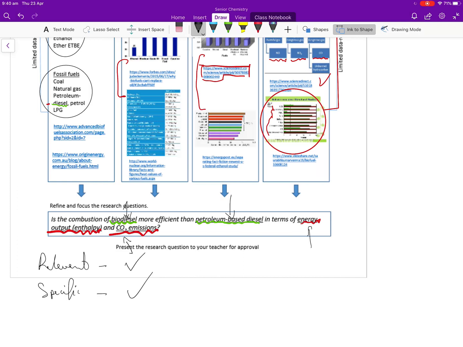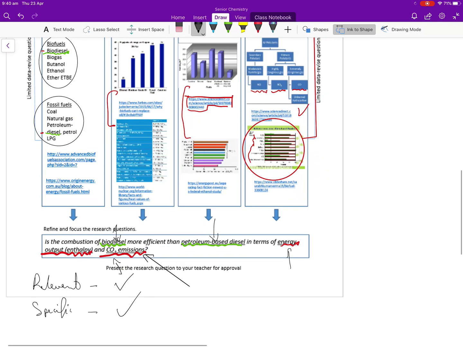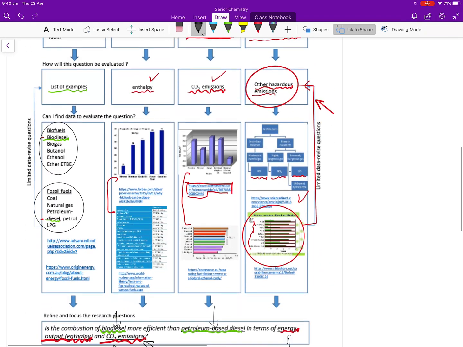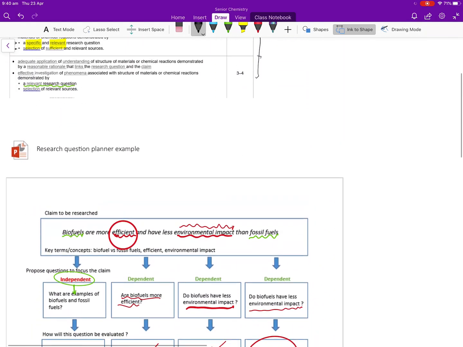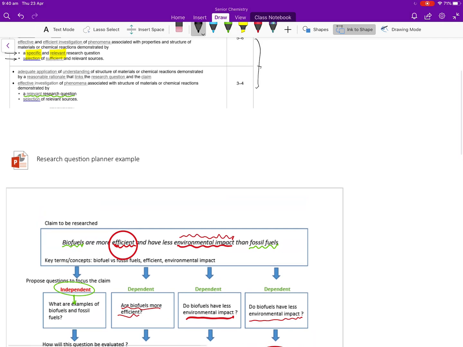Even down the track, if I found some really good data about something else to do with environmental impact, I could go back and change my research question and go, well, I don't want to do CO2 emissions. I want to do something else because I found this really good data set that's going to help me answer that question. So there you go, research question, planning, first step to completing your research claim.